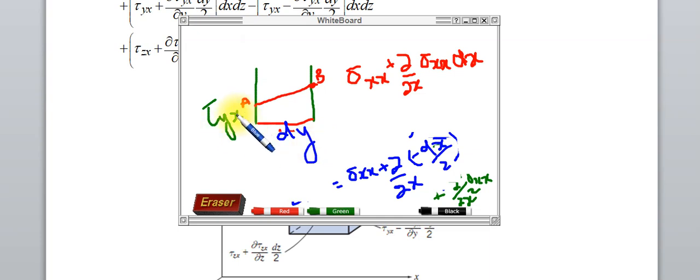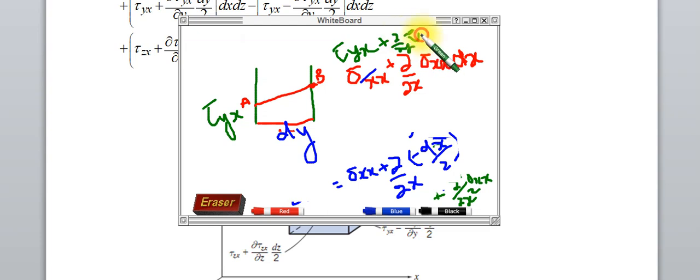And this will be changed to tau yx. Look at the green now. Tau yx, y plane. The changes will be with respect to y, in this value, which is the same tau yx, and the distance covered is now dy.